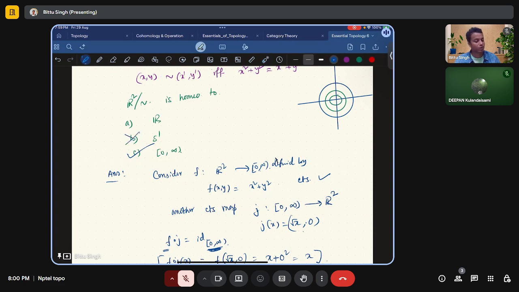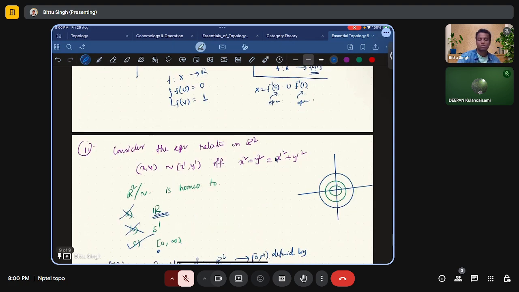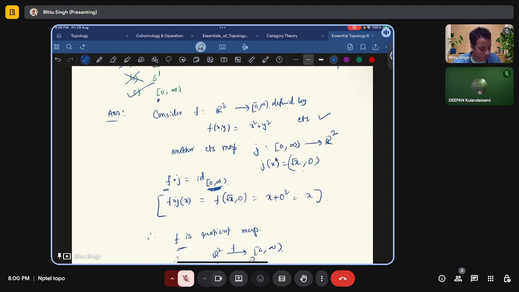So this cannot be homeomorphic to S1. And closed 0, open infinity also cannot be homeomorphic to R, because if we remove the point 0 it remains connected, but for R it will become disconnected. So those are some interesting examples.